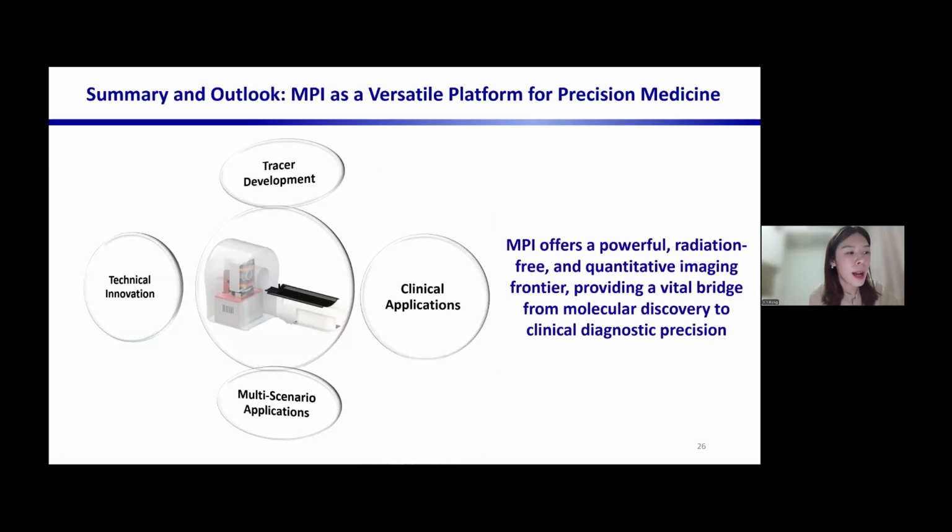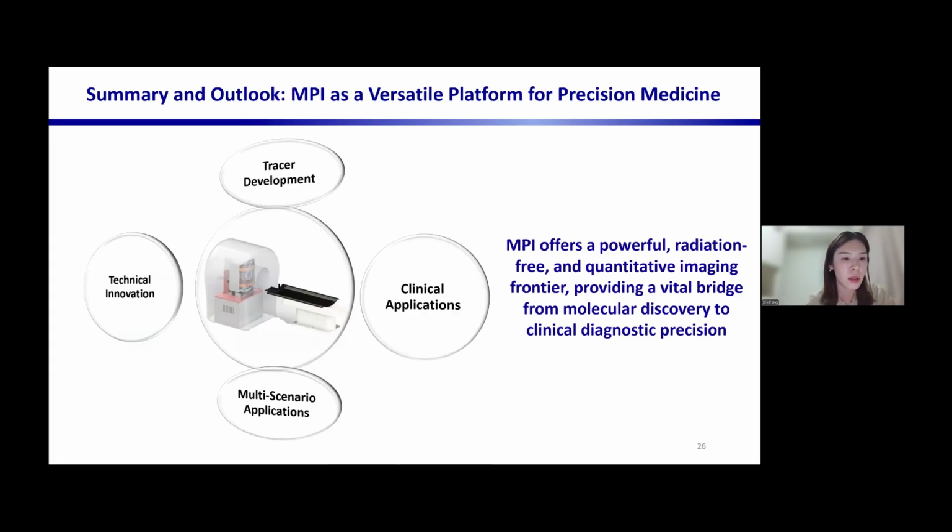Okay, so I believe the examples that I've shared today already illustrate the great value of MPI across a wide range of diseases and applications. And to summarize, we think the development of the MPI field is being driven by two parallel engines.